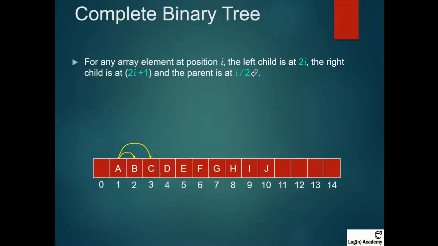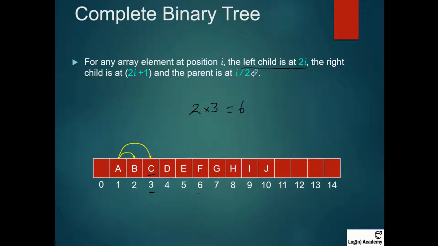Now let's apply this formula on index number 3, node C. It says the left child is at 2 times i. i is the index number, and the index number is 3. 2 times 3 is 6.